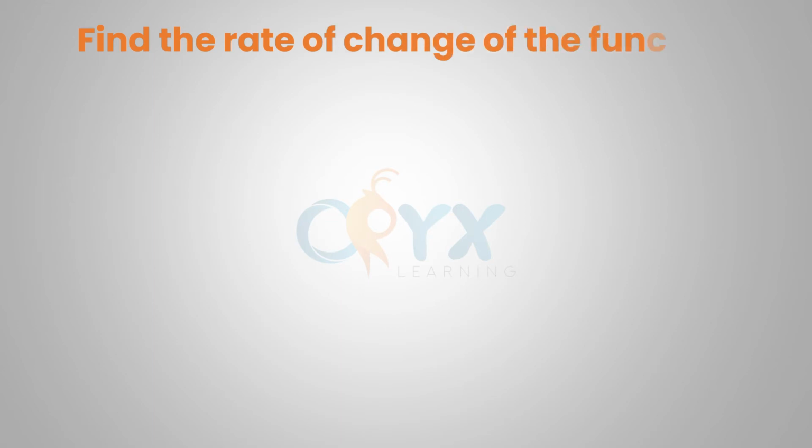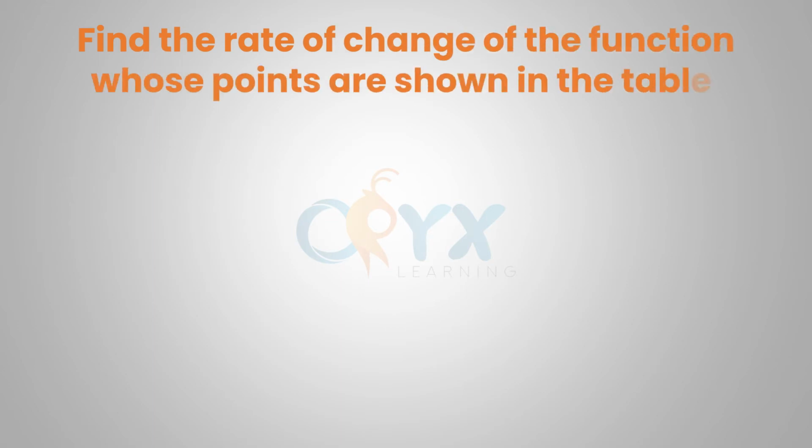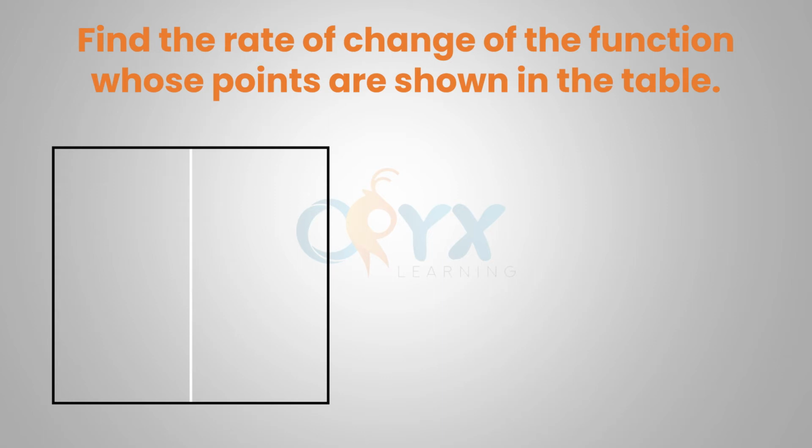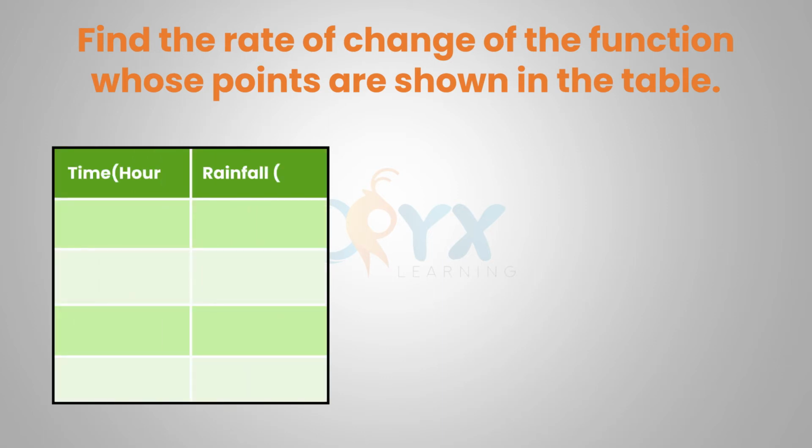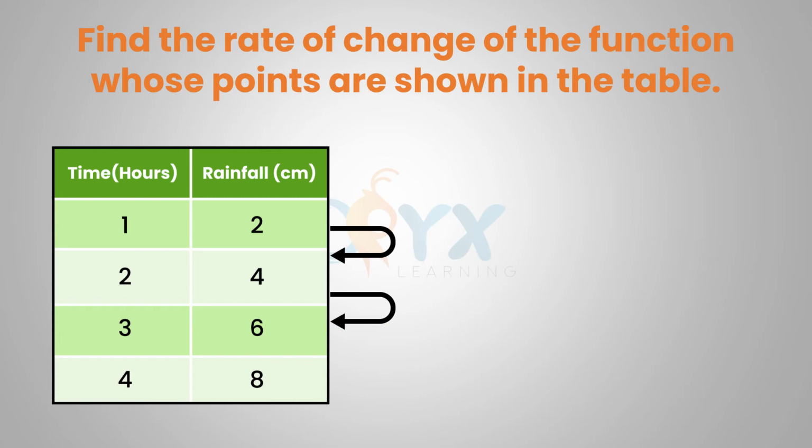Find the rate of change of the function whose points are shown in the table. Looking at the rate of change, we can see that the y values, or the rainfall, increase by 2 each time, from 2 to 4, 4 to 6, and 6 to 8, plus 2 each time.